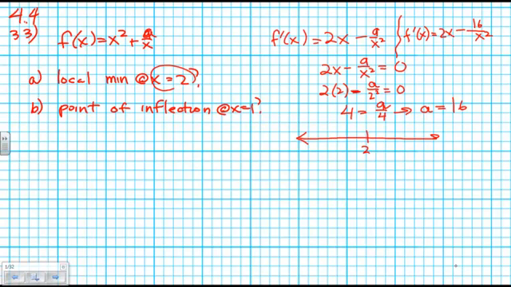When x is 100, 100 squared is 10,000, the 16 over 10,000 is pretty small. It's going to be positive there, and negative on the other side. So we have that decline. We have the decreasing, increasing. So indeed, it looks like when a is 16, we get a sign change at 2, and the sign changes from negative to positive. Okay.